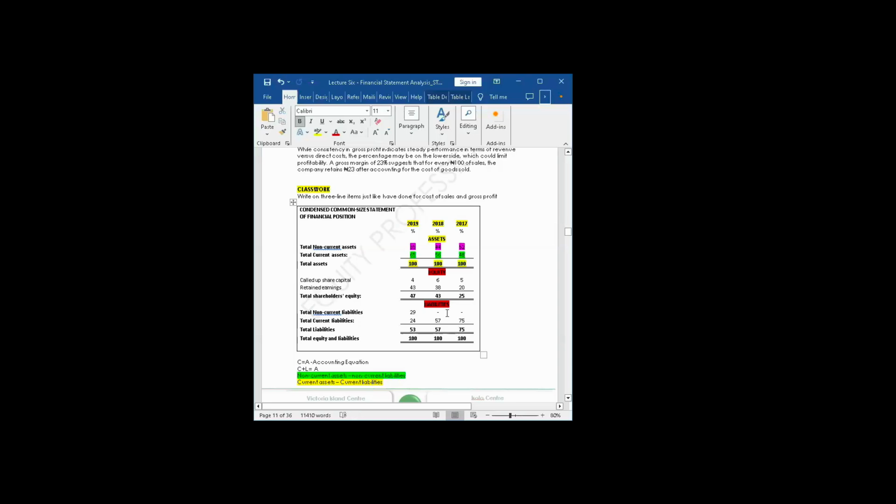Okay. Now, in 2018, what happened? They paid off some of the current liabilities. So it could be that they realized that this risk that we are facing could lead to the end of this business.